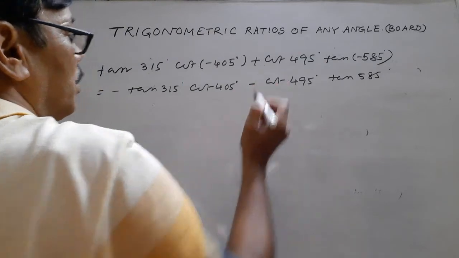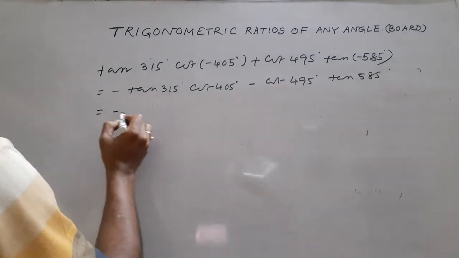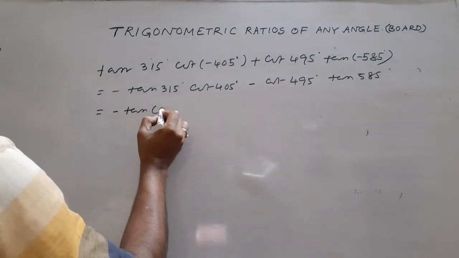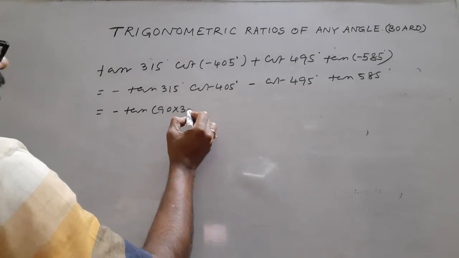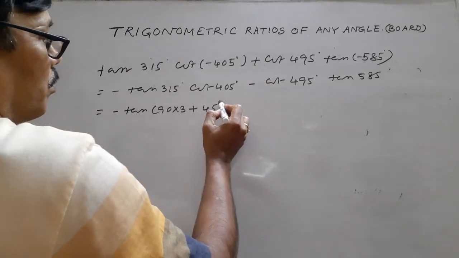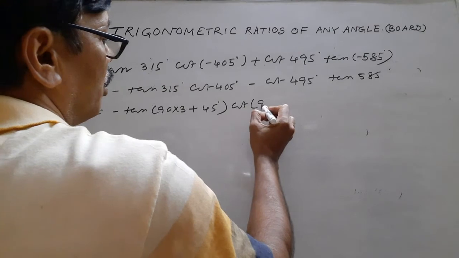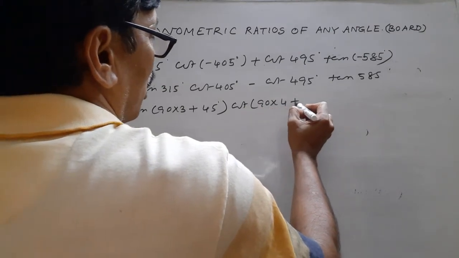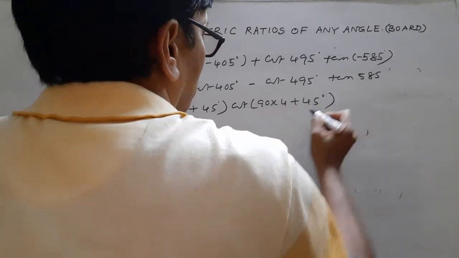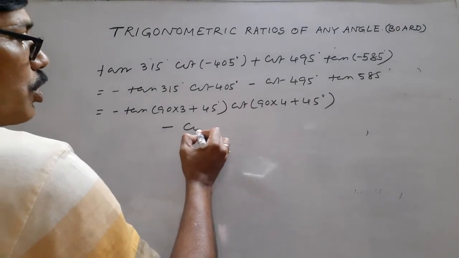So this will be minus. tan 90 into 3, 270 plus 45. Cot 90 into 4 plus 45, minus as it is.